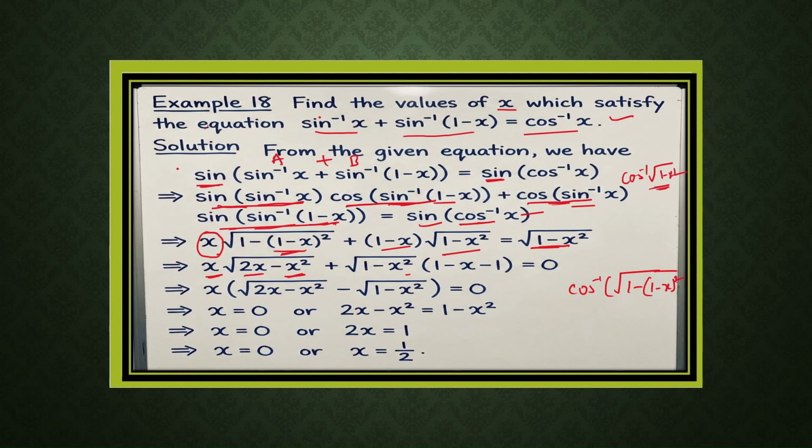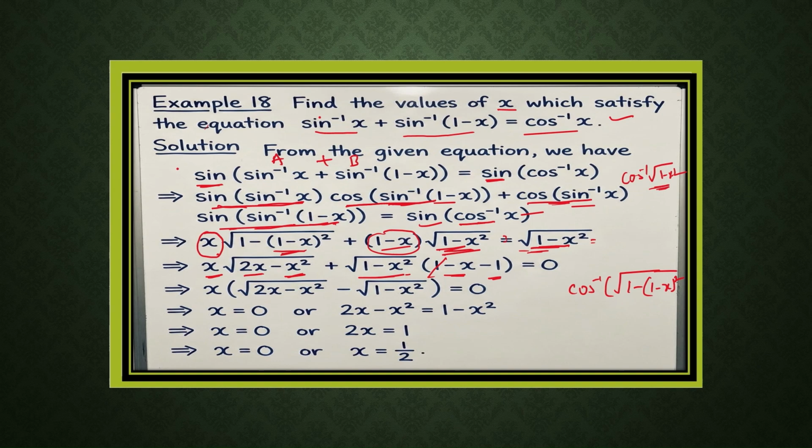Plus, I will take this to the left side: root 1 minus x square goes to this side, minus root 1 minus x square equal to 0. In that case I am going to take root 1 minus x square common on both sides. Then 1 minus x is left, and minus 1 is there, equal to 0.